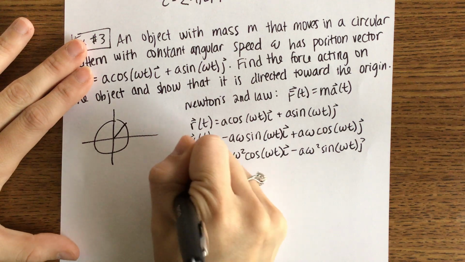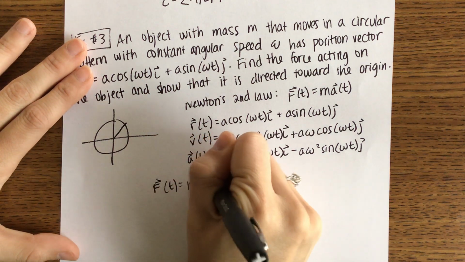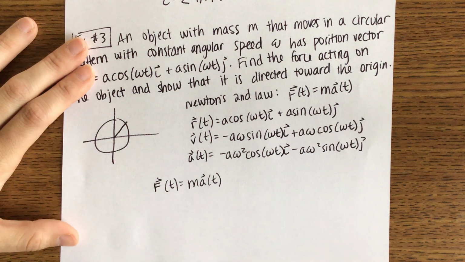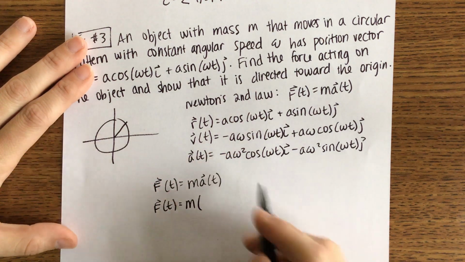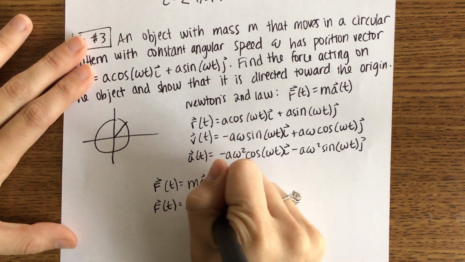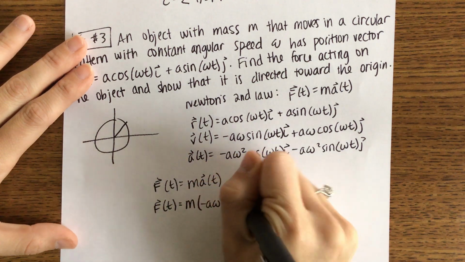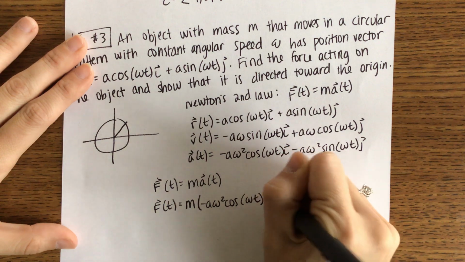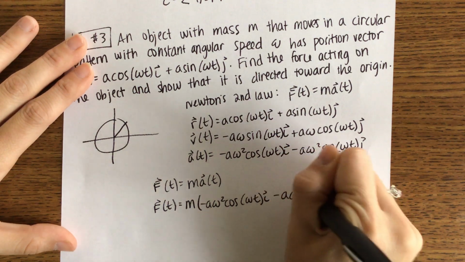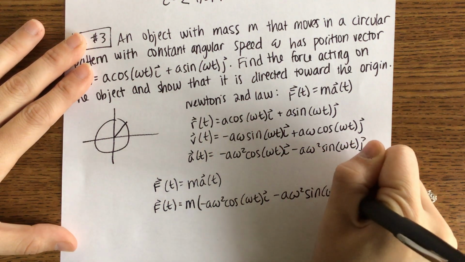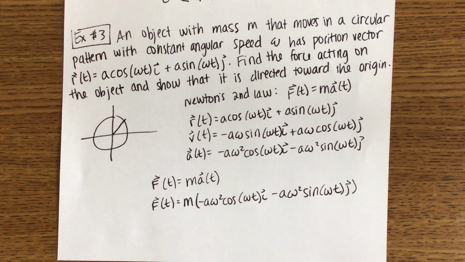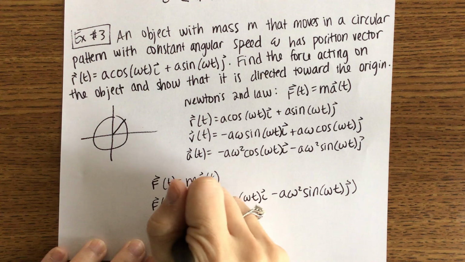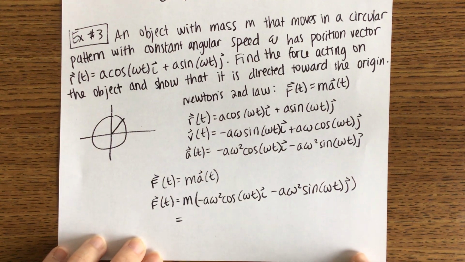Next, we get our F equals ma. Now that we have a, we can plug that in. Our force then is equal to m times that acceleration vector. I can factor out a negative.